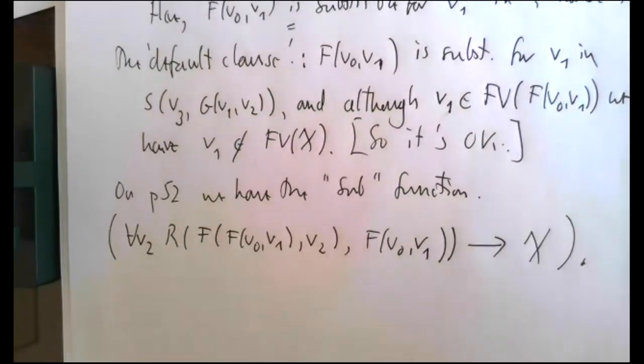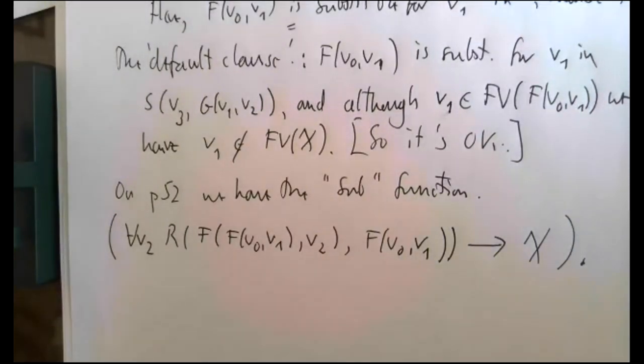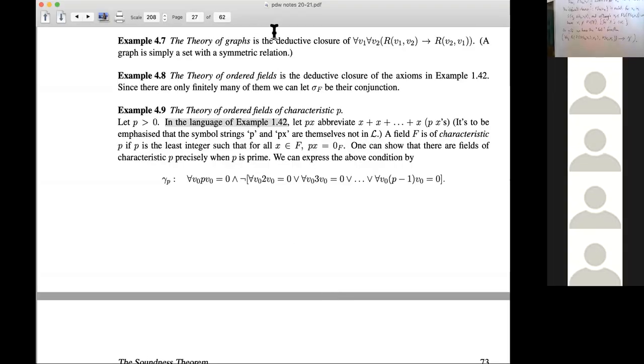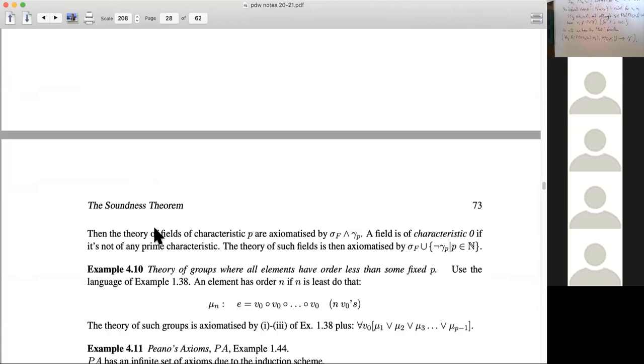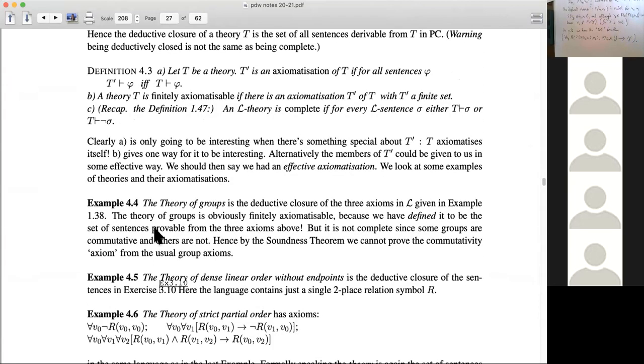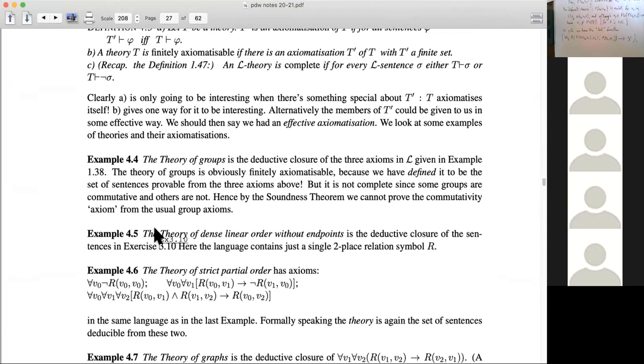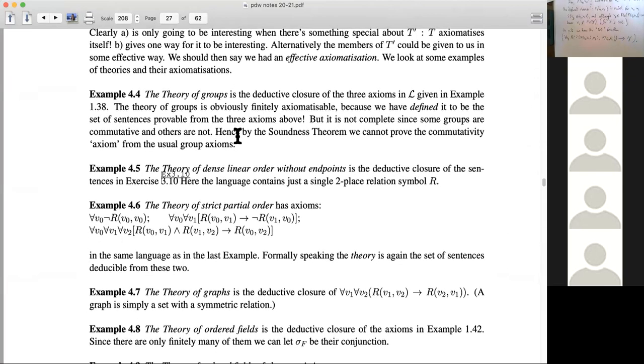Let's see if I can share screen here. So we were looking at examples here of theories, theory of groups.